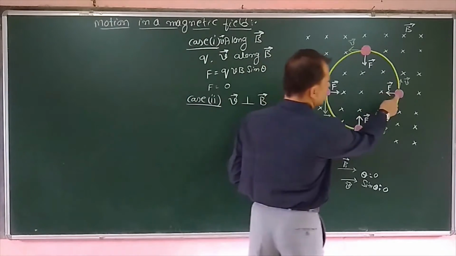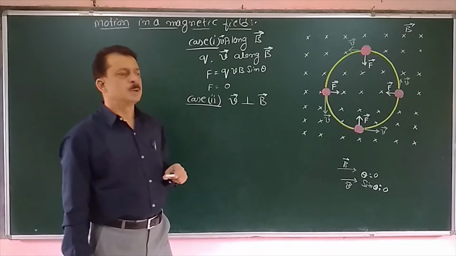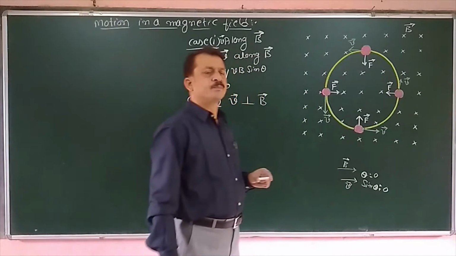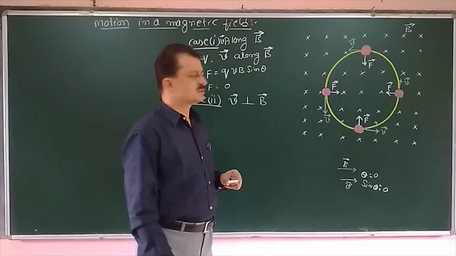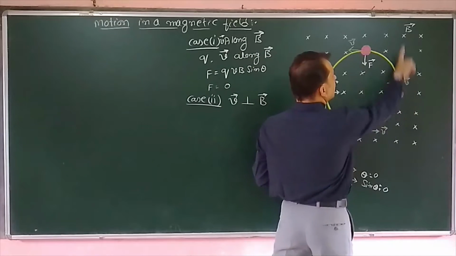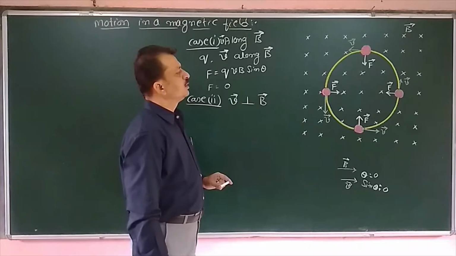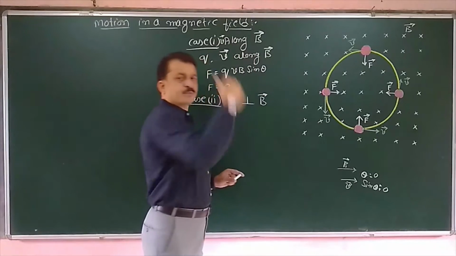Here we have a charged particle with charge q, moving with a velocity vector v. Here we have applied a uniform magnetic field. The direction of the velocity is upwards in the plane of the board, and the direction of the magnetic field is perpendicular to the plane of the board.